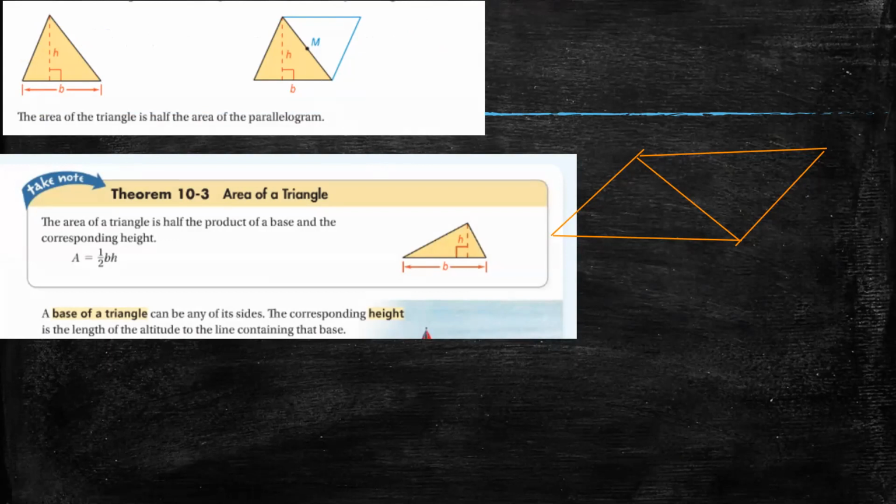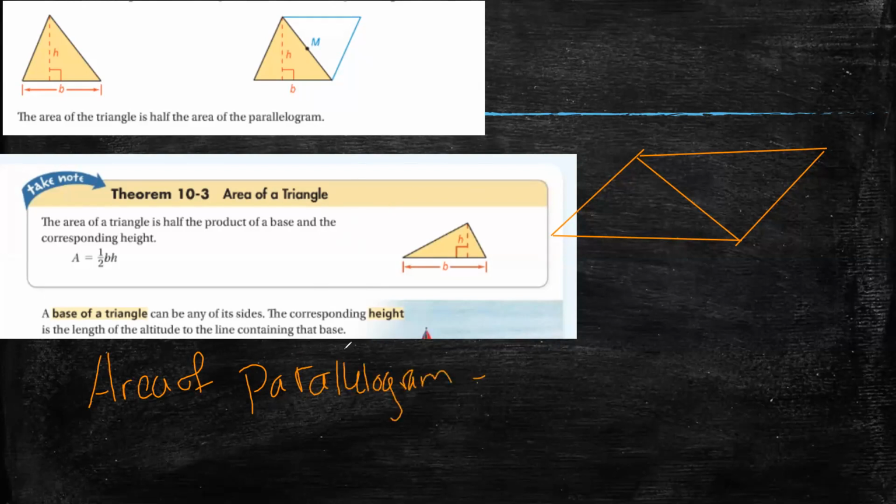And we know before that the area of a parallelogram, as we said yesterday, is b times h. And since this line segment cuts the parallelogram into two equal halves, we will have a triangle.